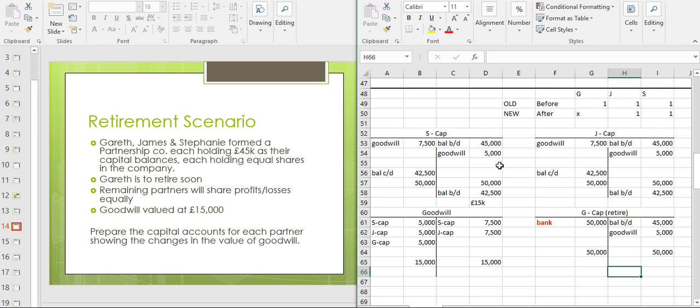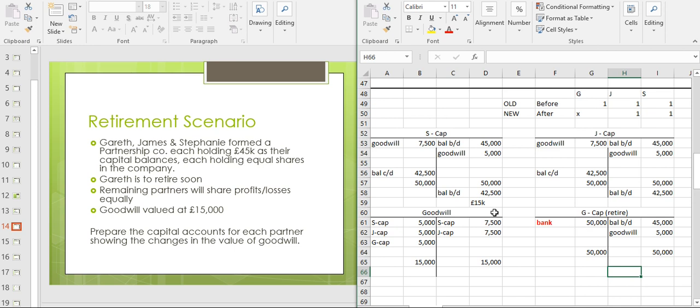She has now ended up with 42.5. So her capital has come down, and the reason why it's come down is because it's come down by 2,500, and that 2,500 is going to Gareth. Stephanie's continuing in the business. Gareth is leaving, so the existing partners have to pay him off. He's leaving, he wants his cash, he wants his share of goodwill, and he wants 5,000.